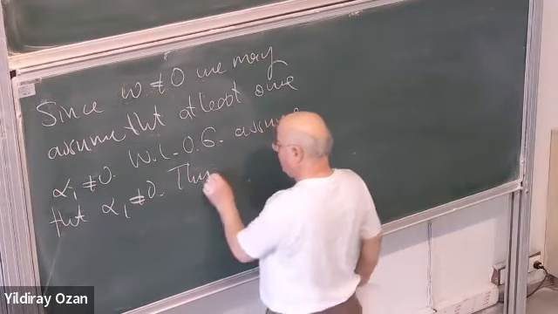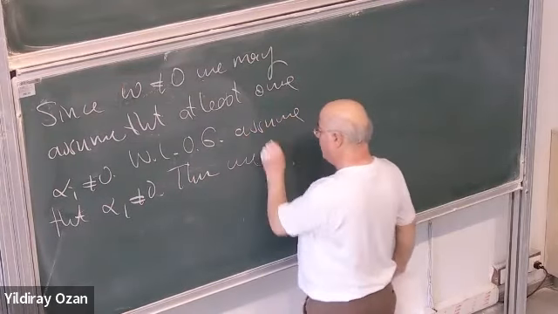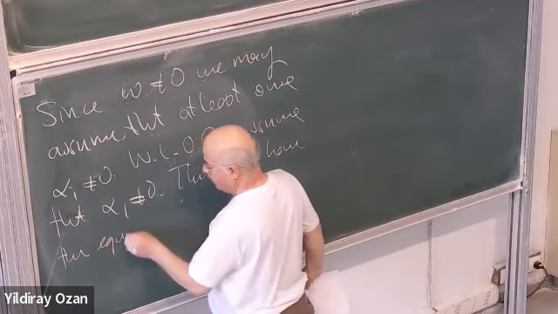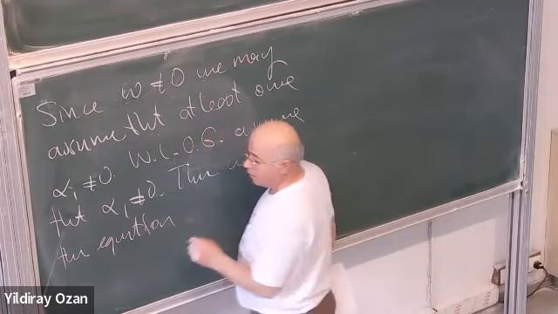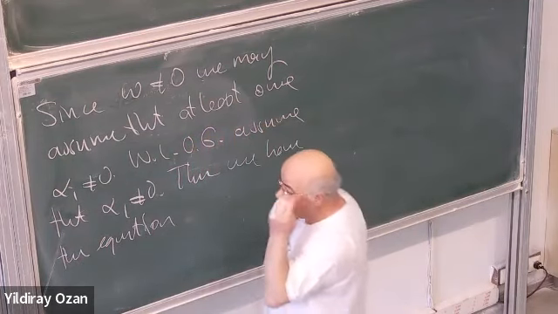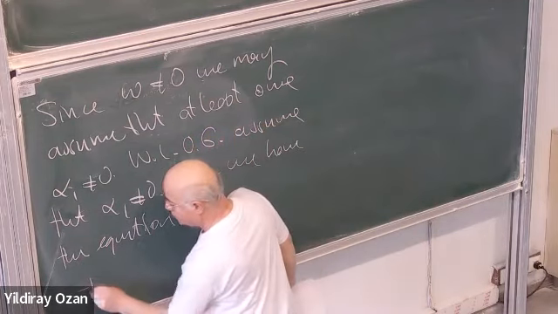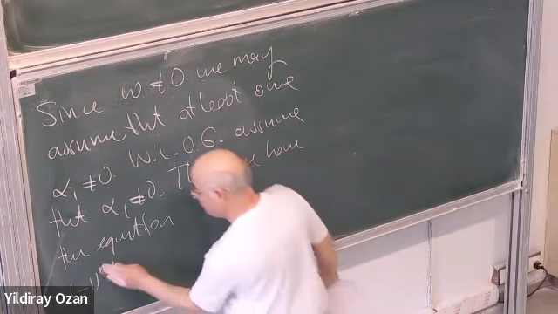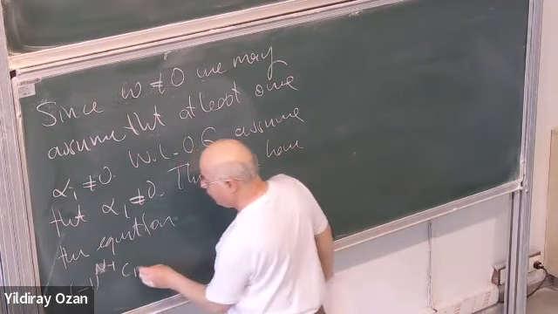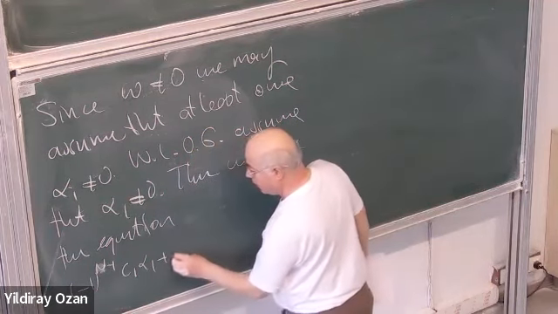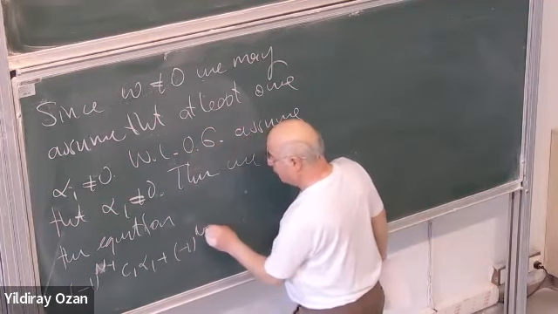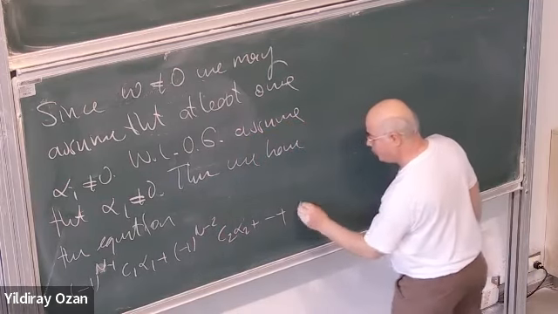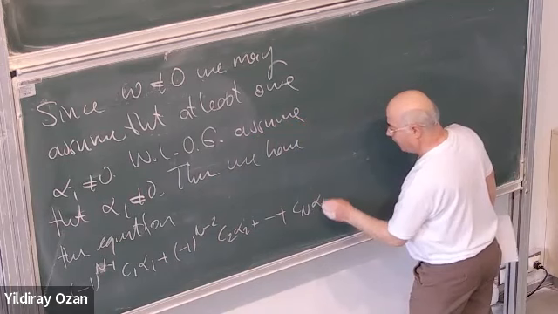Then we have the equation: minus 1 to the power n minus 1 C1 alpha 1, and then minus 1 to the power n minus 2 C2 alpha 2, up to Cn alpha n.